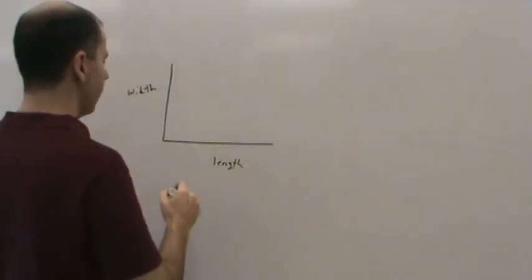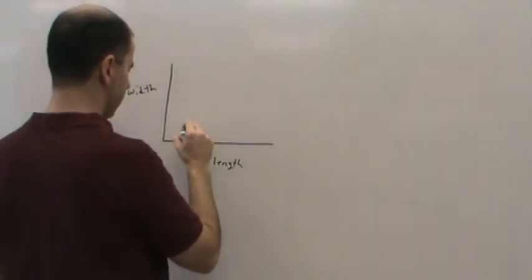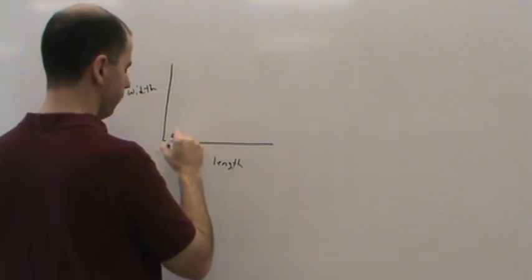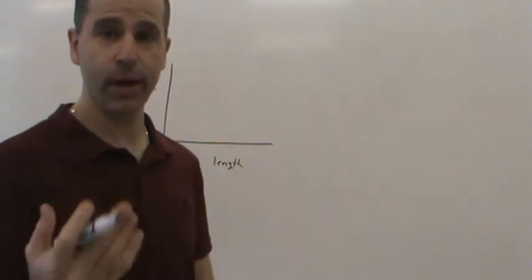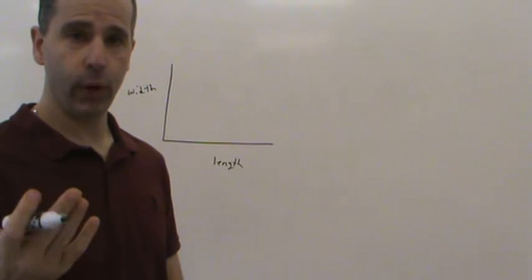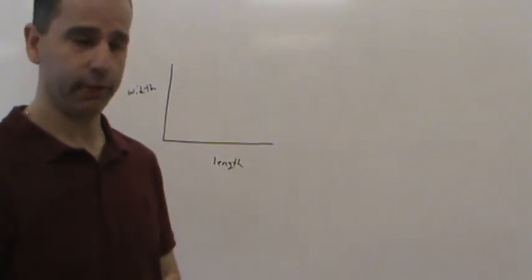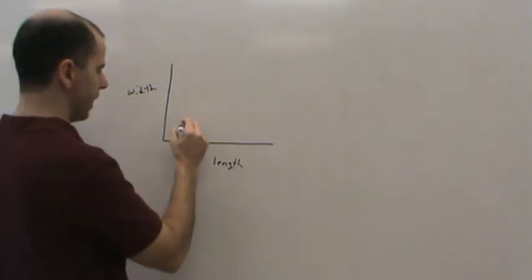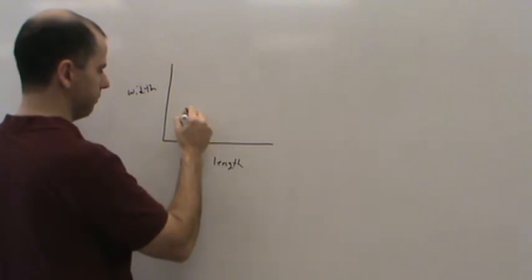plants. And so I plot these values. So basically I measure the width and I measure the length of each leaf. So on a scatter plot, each dot represents a leaf.